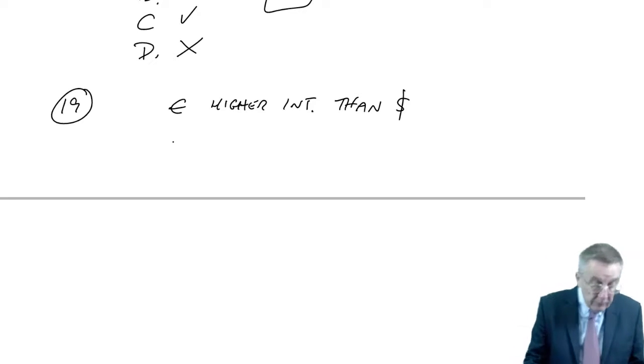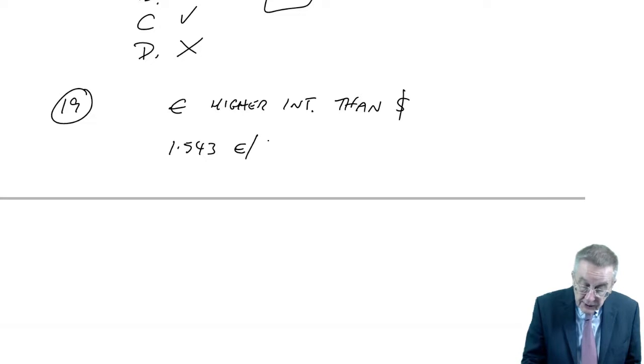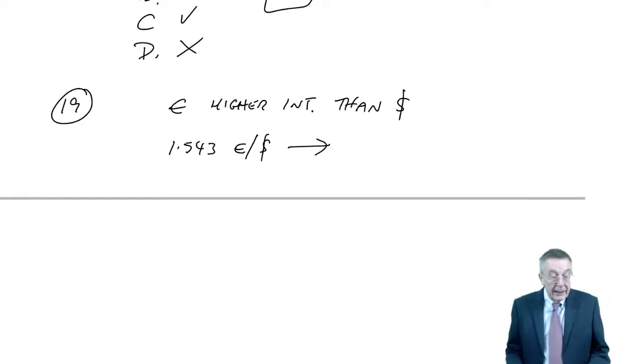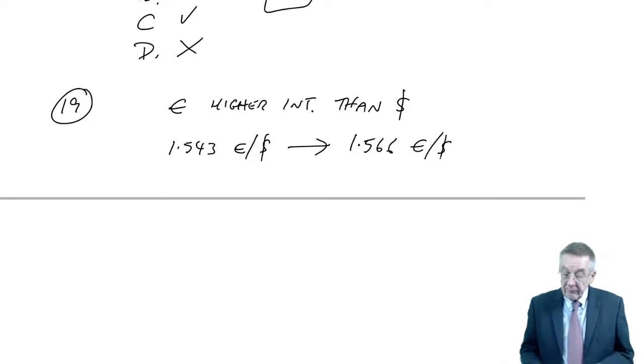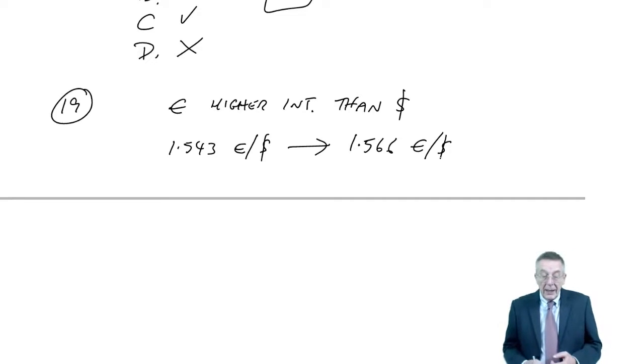At the minute, it was 1.543 euros to the dollar, and the forward rate moved to 1.566 euros to the dollar. And so there is the euro appreciating or depreciating.